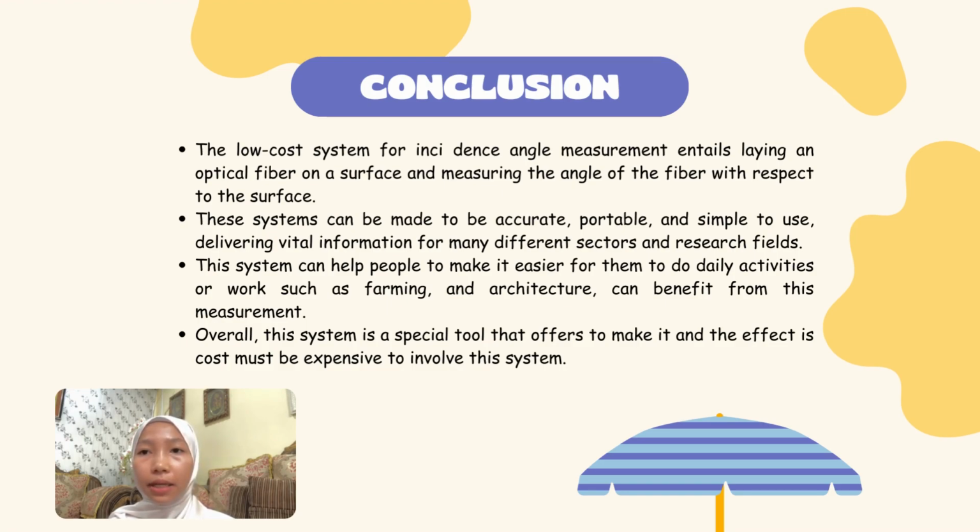Third, this system can make it easy for people to do daily activity or work, such as farming and agriculture, which can benefit from this measurement. Overall, this system is a special tool that offers a low cost to involve this system.